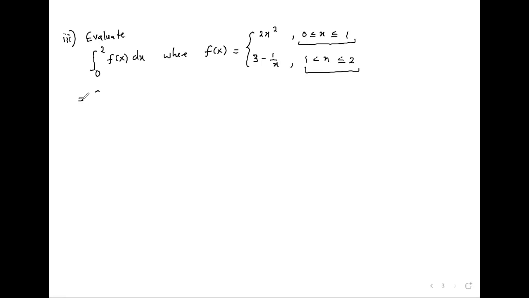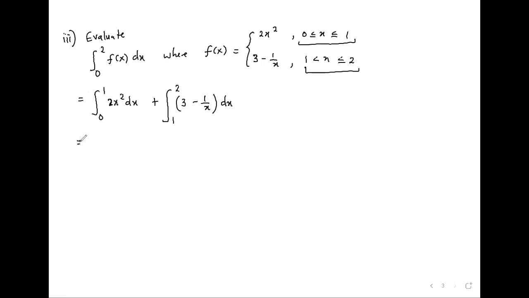We'll run from 0 to 1 and pick the one on top, 2x squared dx. Plus, we'll run from 1 to 2, integrate f of x, that is 3 minus 1 over x dx.